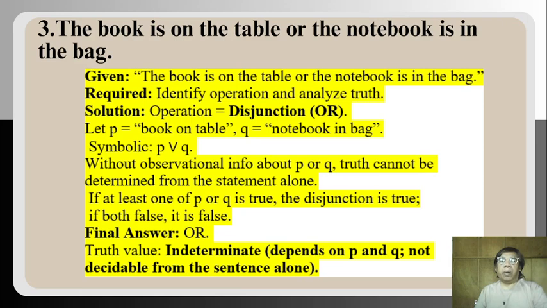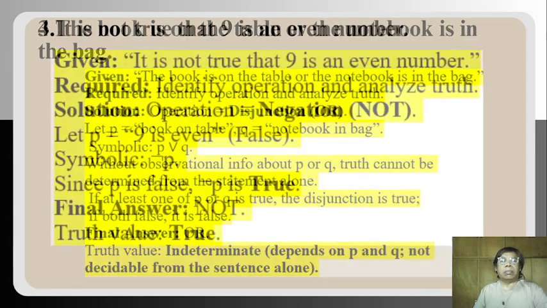If both are false, it is false. So the final answer: or. Truth value: indeterminate, depends on P and Q, not decidable from the sentence alone.